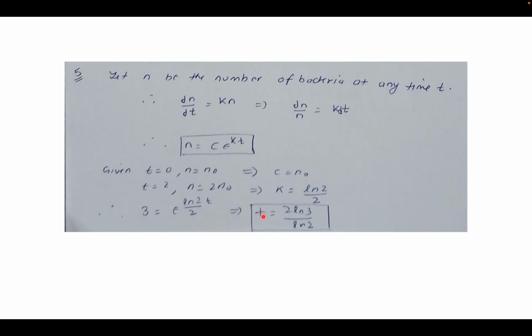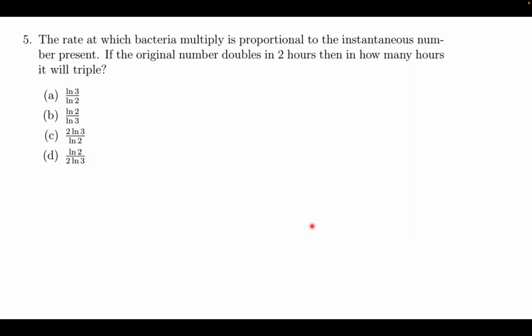So the time t it takes to triple is equal to 2 ln 3 by ln 2. So you can see option C is correct, because this is the time after which the bacteria will get triple.